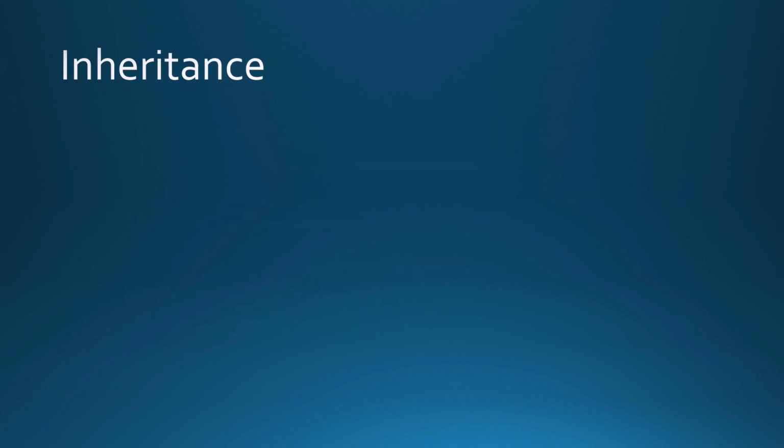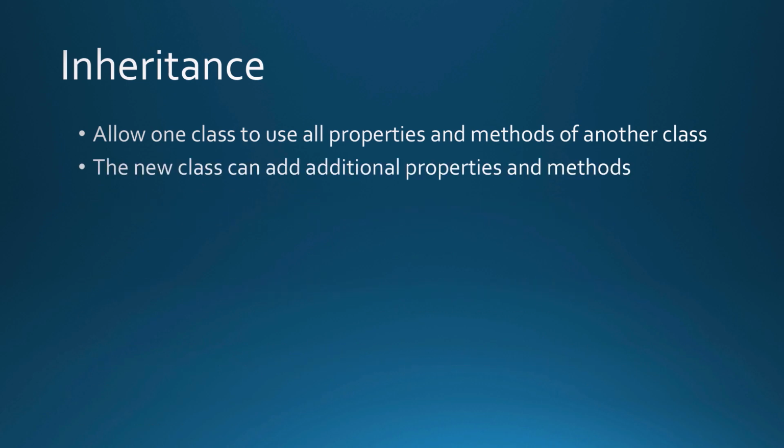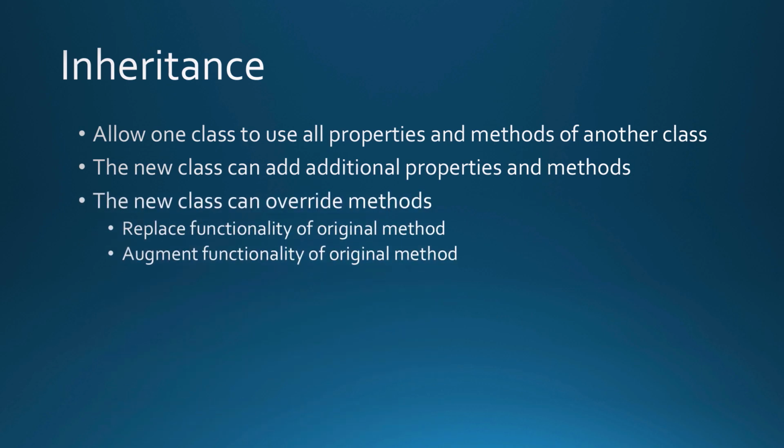Another very important piece of object-oriented programming is called inheritance. Inheritance allows one class to use all the properties and methods of another class. The new class can add additional properties and methods, and that new class can override methods. They can replace functionality completely of the original method, or it may augment the functionality of the original method.